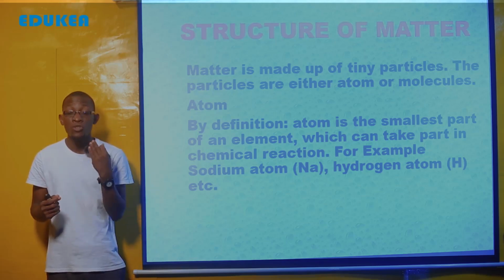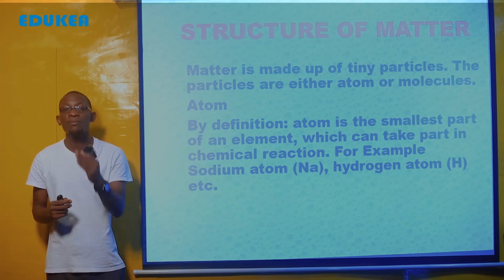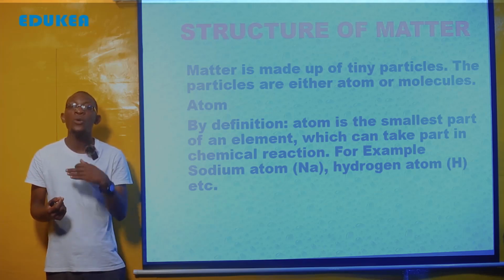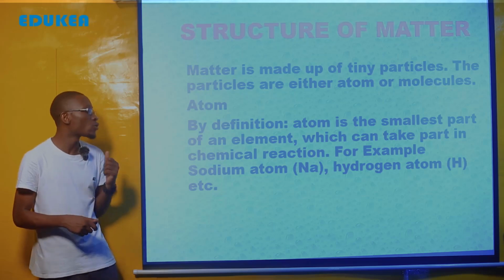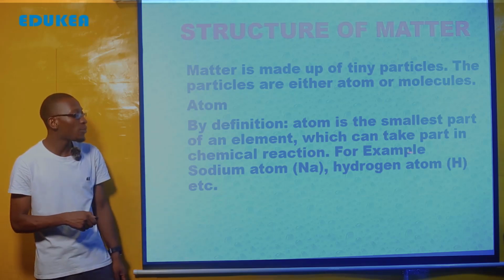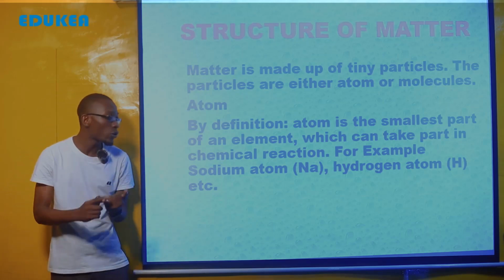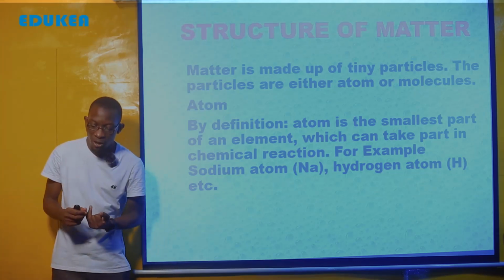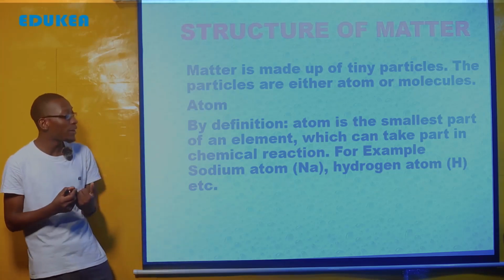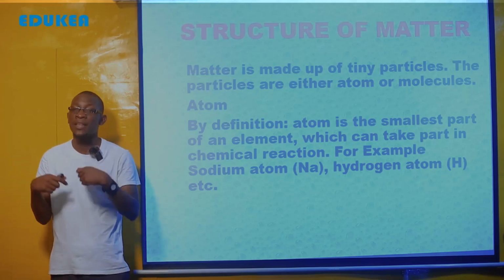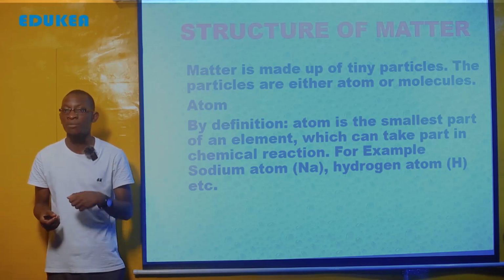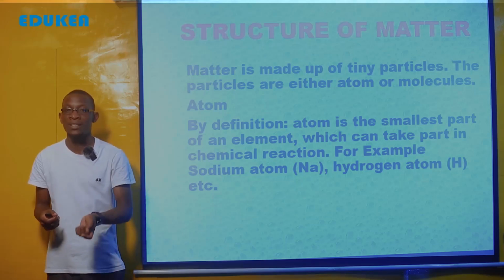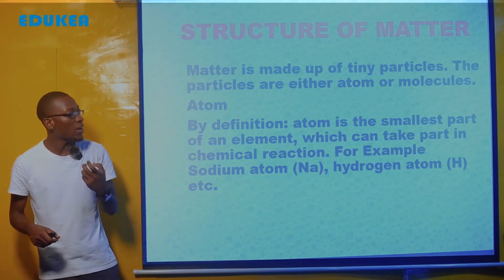So simply we can discuss matter in terms of protons, neutrons and electrons, or in terms of atoms. Examples of atoms are sodium, hydrogen, potassium, calcium, magnesium, platinum, and others.